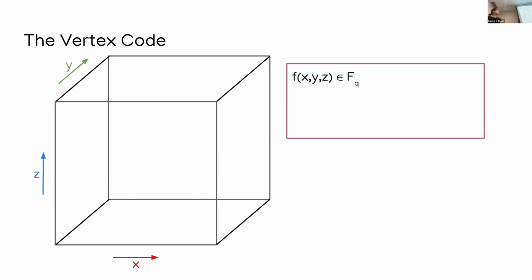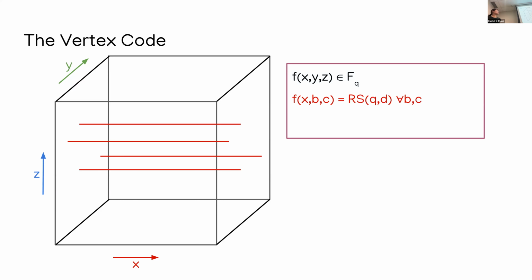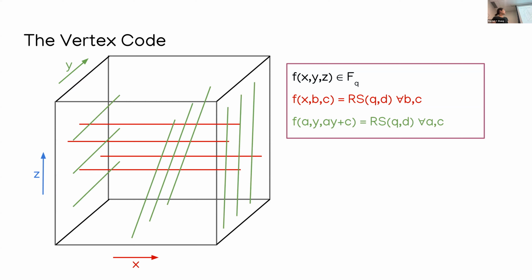Then what are the edge constraints? There are two types of edges. The first type is going to be horizontal lines in the x direction. For every fixed y and z, the line going in the x direction should lie in a Reed-Solomon code. For the y direction, it's a little different.